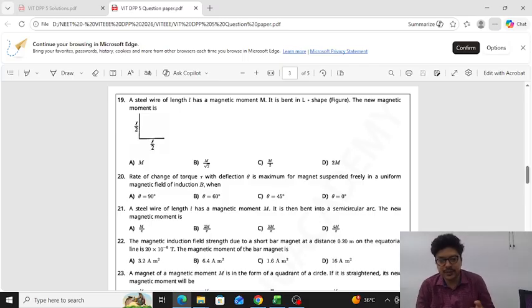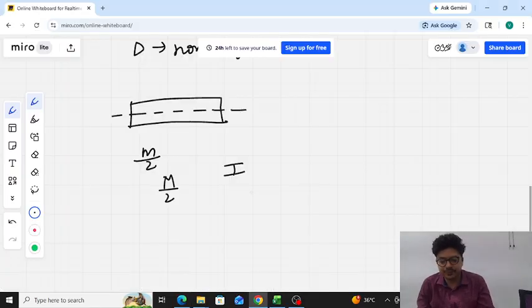Let's solve this question. A steel wire of length L is given like this.